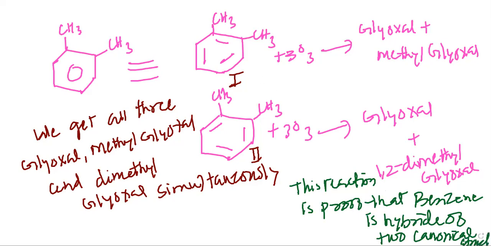So this is how, my dear students, we can prove that benzene has got two different canonical structures. If you have any doubt, you can ask, my dear students.